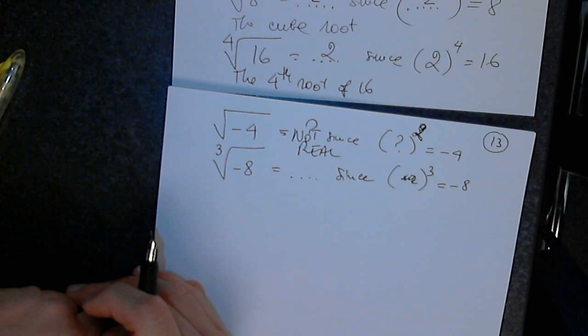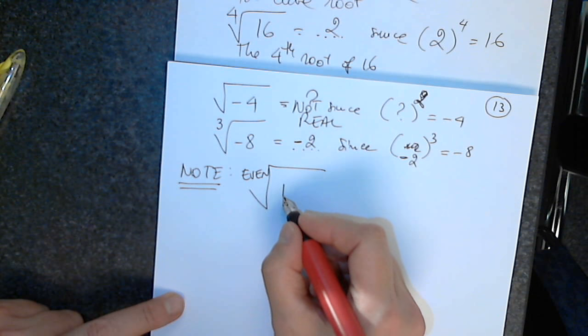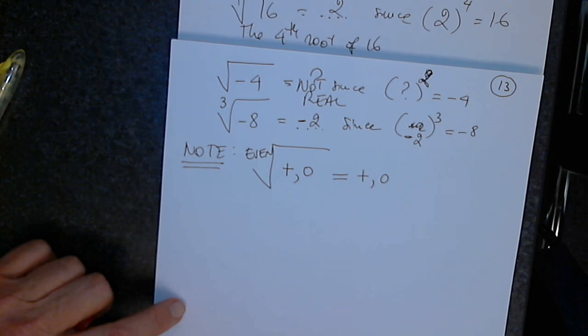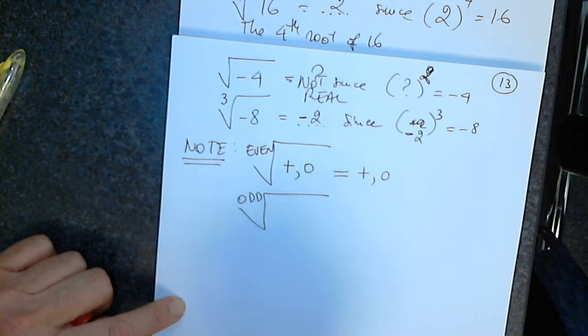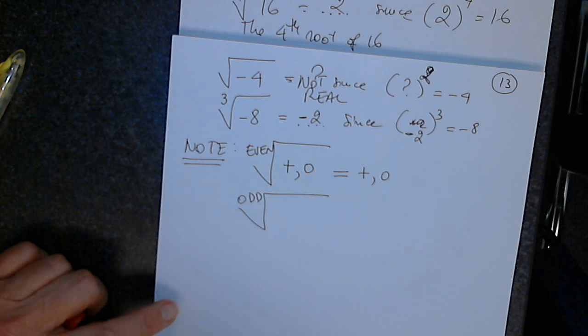When we take an even index root, it must be from positive or 0. The answer will be positive or 0. But when I take the cube root or any odd index, what can I have under the root?